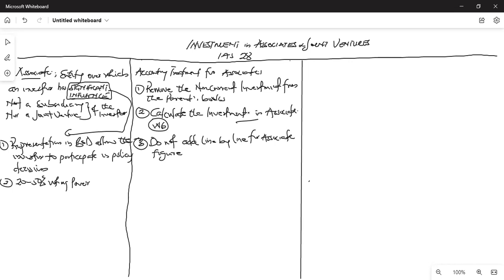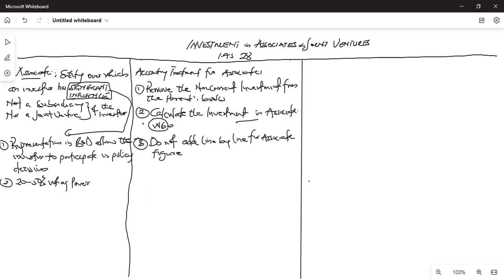Because of that, this is going to affect the workings that we normally do. The workings under the SOFP were up to 5, as I taught you. In this case, because of the associate, it will have to move to 6, and the sixth one is what you see here.